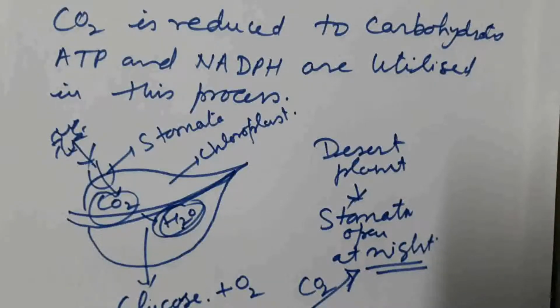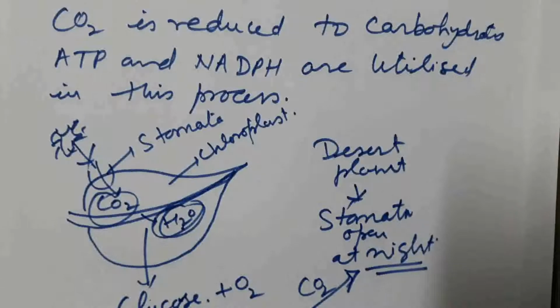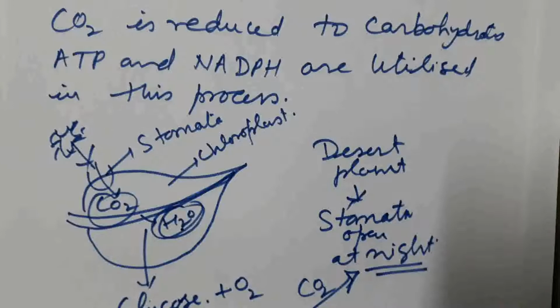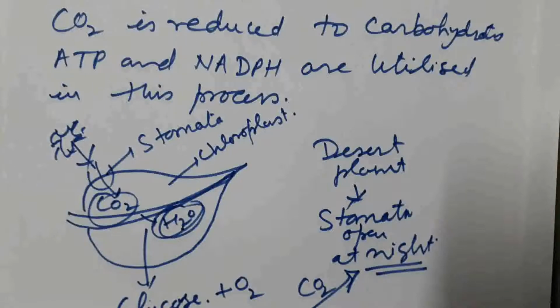So the products produced in light remain inside the plant, and during the night, after some break, these products are utilized and the CO2 is reduced to carbohydrate. So these steps are not immediately completed one after the other.